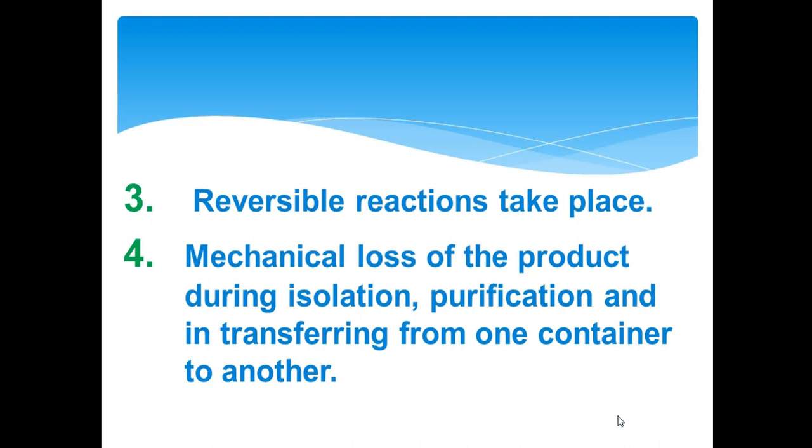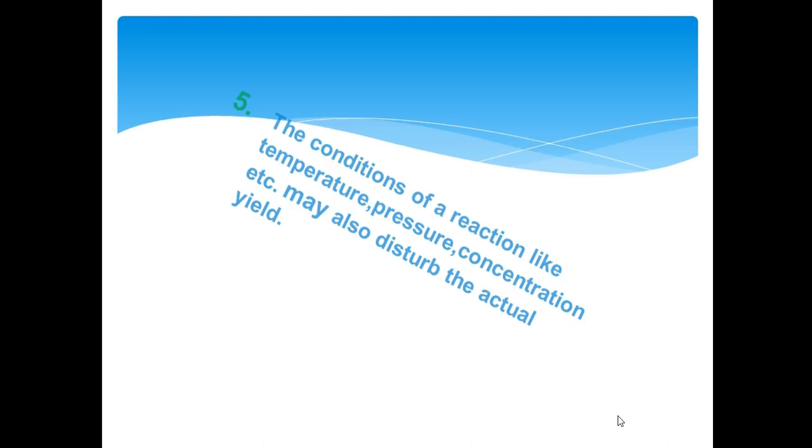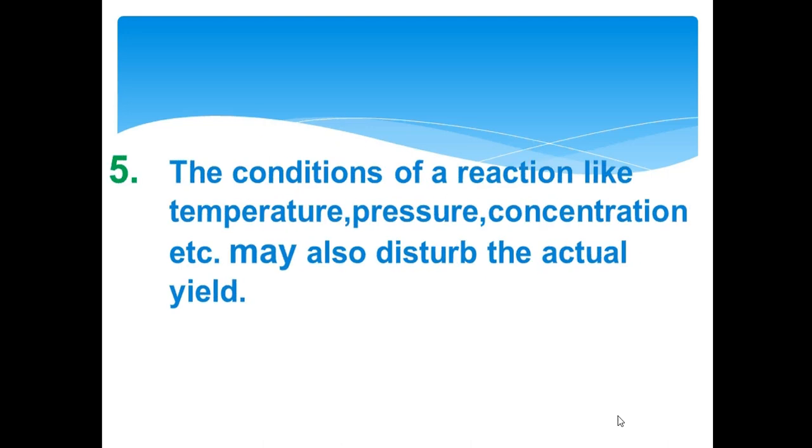Number four, mechanical loss of the product takes place during isolation, purification, and transferring the product from one container to another container. Number 5, the conditions of a reaction like temperature, pressure, concentration, etc. may also disturb the actual yield of a reaction.